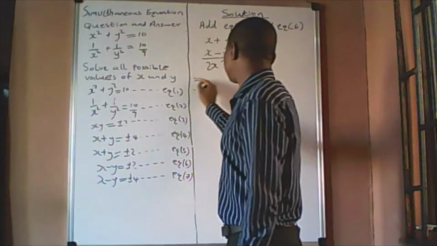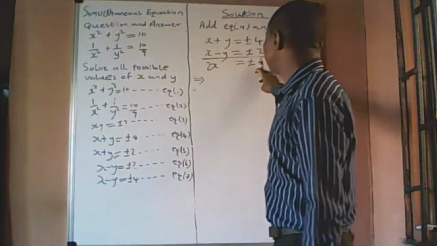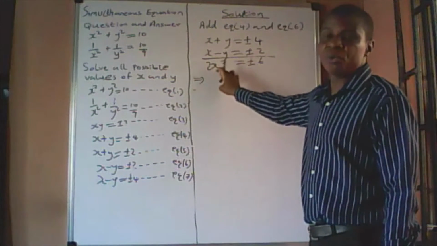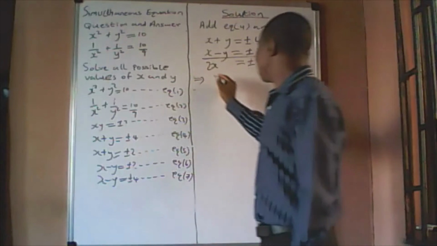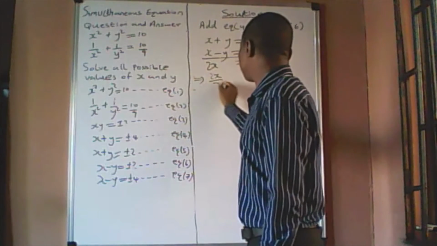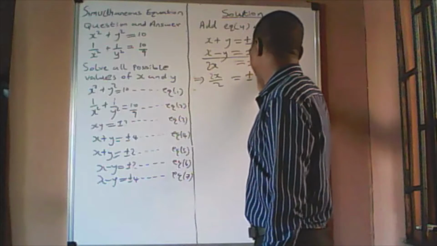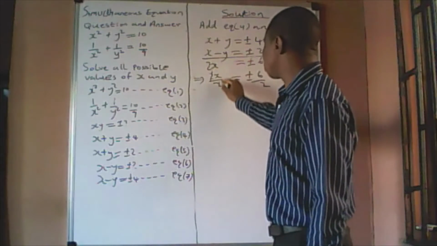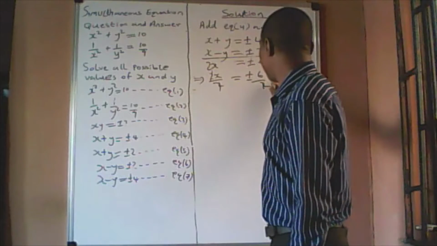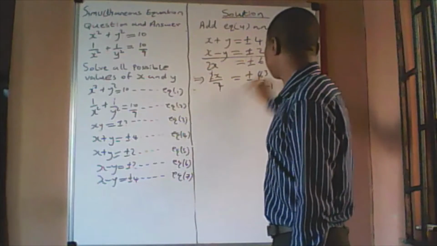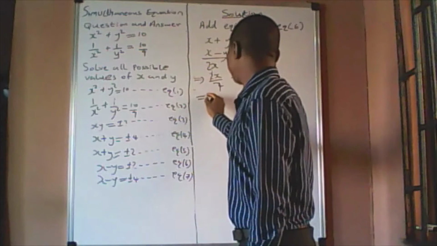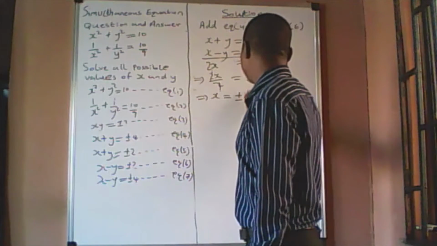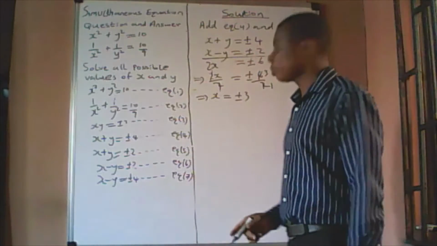It implies if we divide both sides by 2 so that we can derive the value of x, we get 2x over 2 equal to plus or minus 6 divided by 2. We cancel 2, and 2 cancels here 1, 2 cancels here 3. It implies x is equal to plus or minus 3.